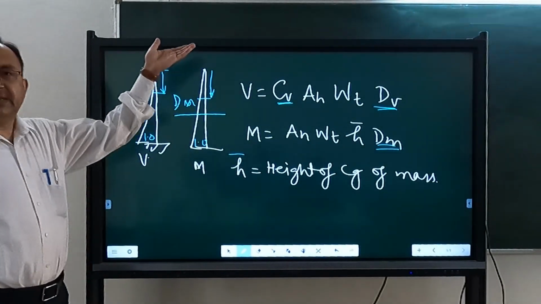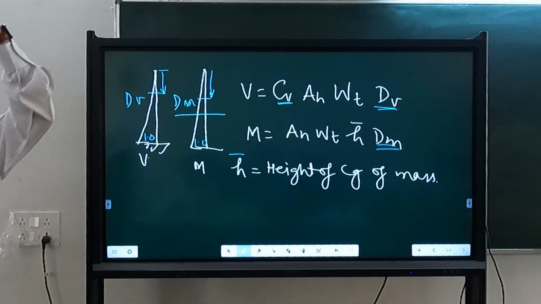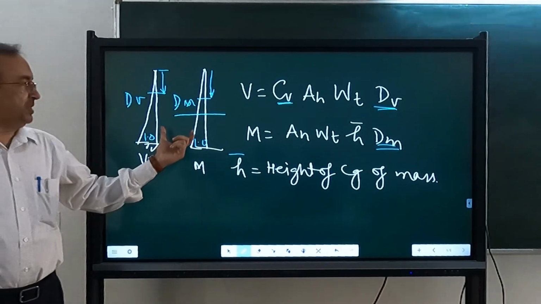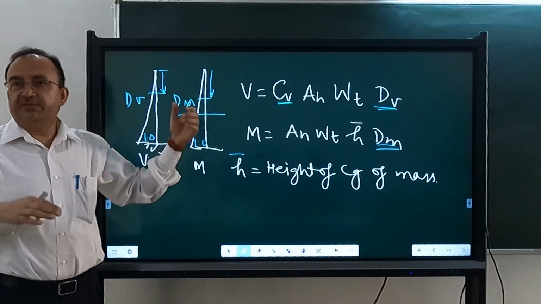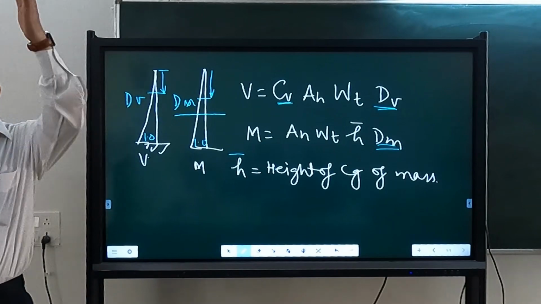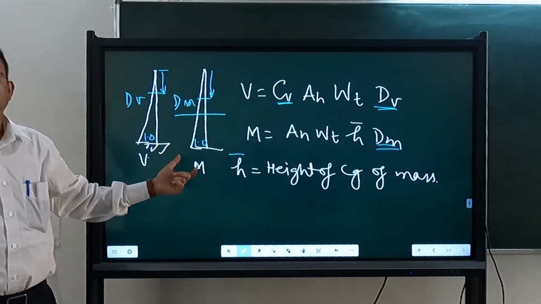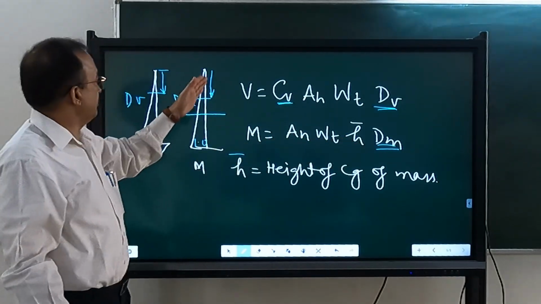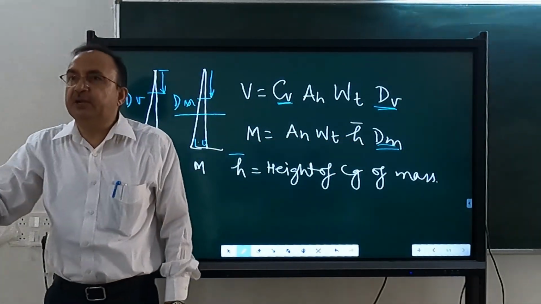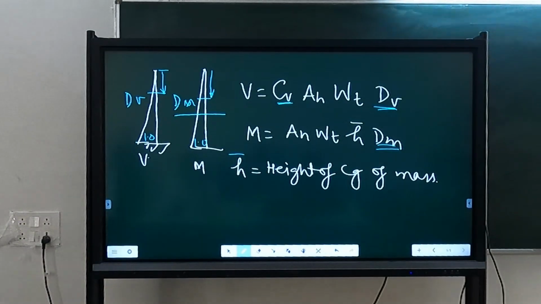Because the size of the chimney may go on changing, it should be safe not only at the base, it should be safe at all the sections. So you need the bending moment at different sections, and you need the variation of the bending moment. This gives you the variation, in other words the shape of the bending moment diagram. So dV and dm give you the shape of the shear force diagram and the bending moment diagram, so that you can calculate bending moment and shear force at any section.